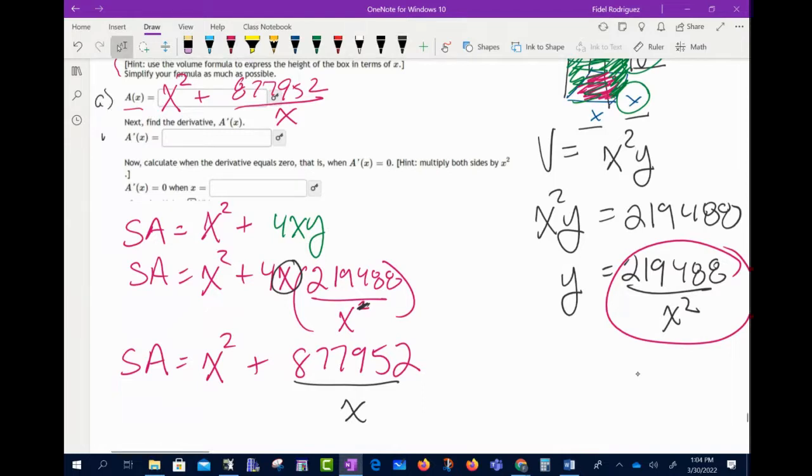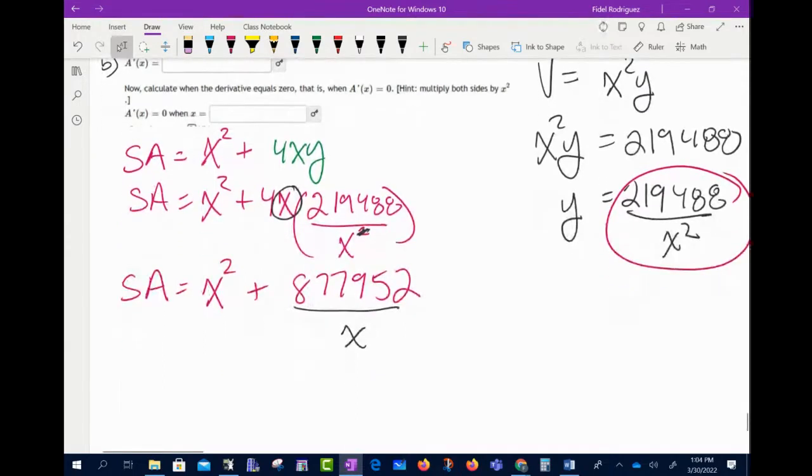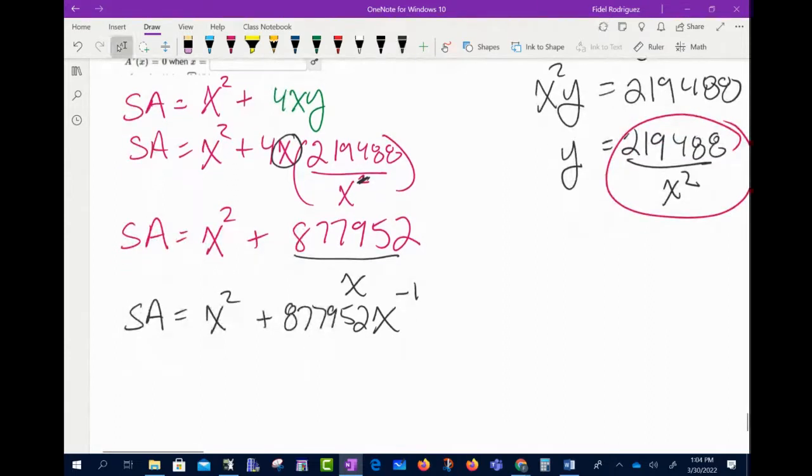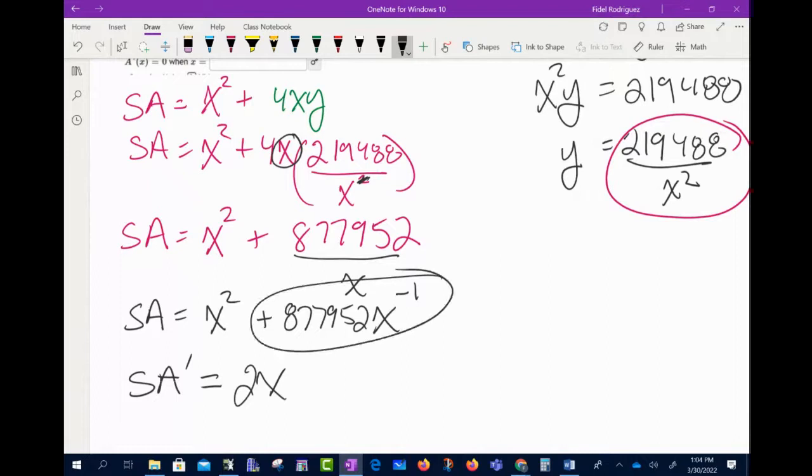Look at step number 2, or part B, whatever you want to call it. Now it says, can we find the derivative of that function? And I guarantee you we probably can. Y'all, before I do the derivative, can I write this so that it looks like that, so that I can now use my power rule and stuff like this, right? Okay, let's find the derivative. So the surface area derivative, what's the derivative of x squared? 2x. What about the derivative of this piece here?